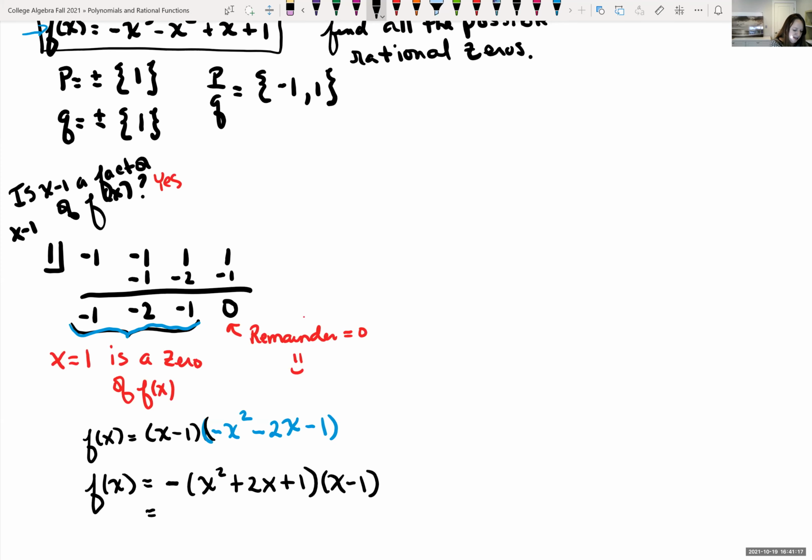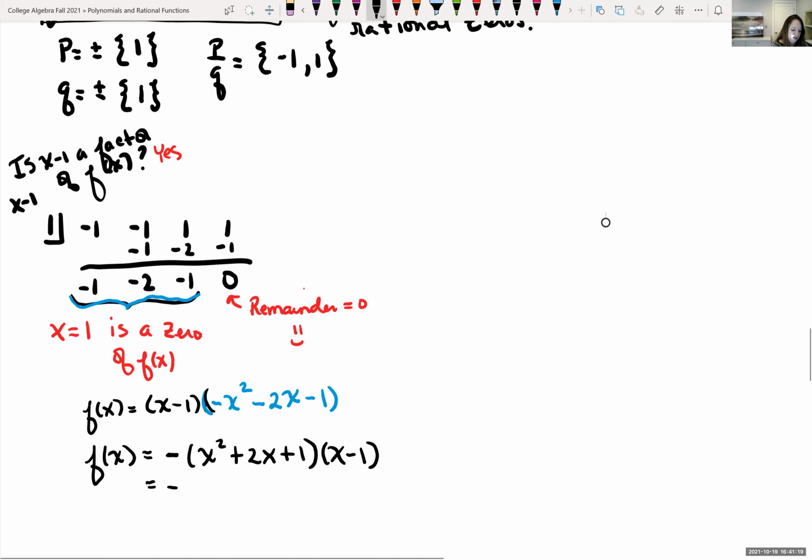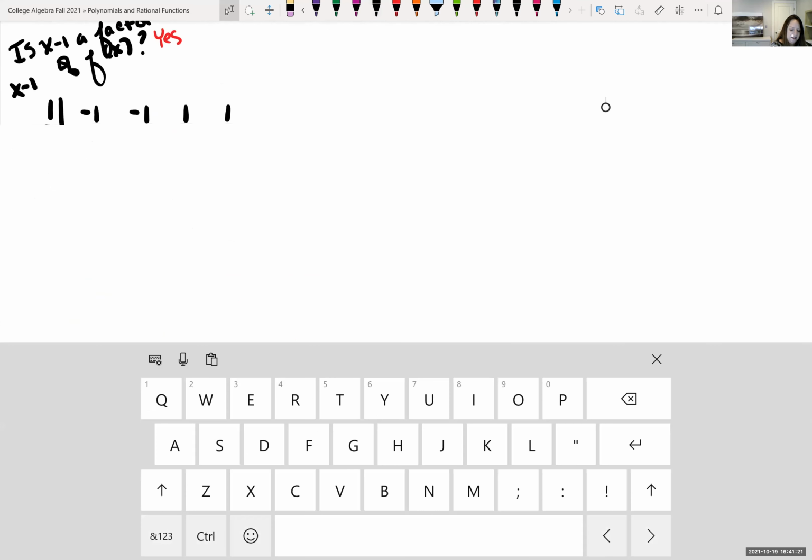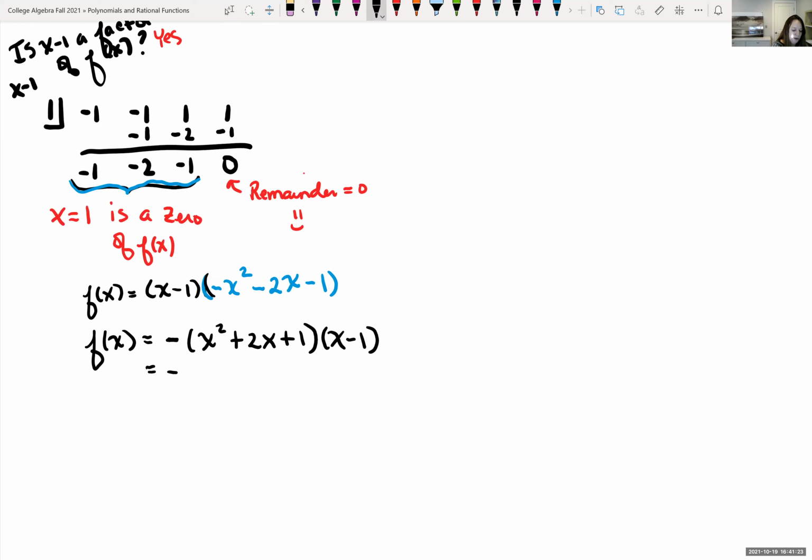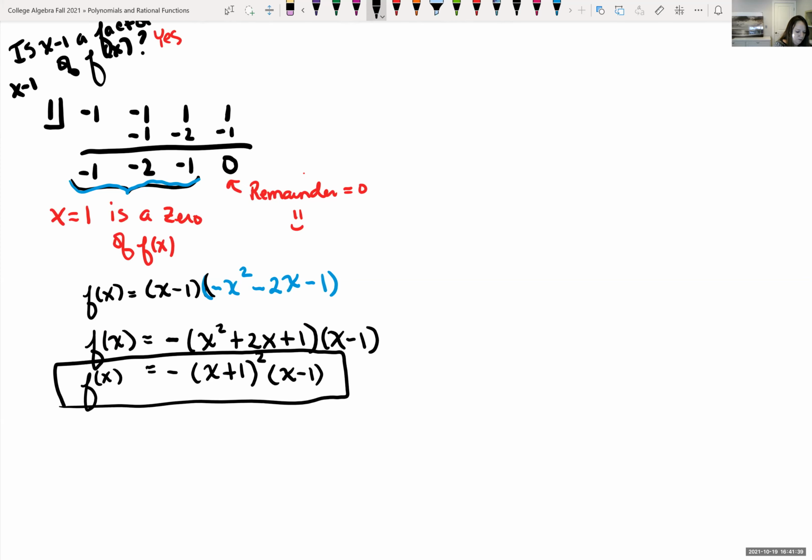So I notice that is factorable. The two values that multiply to 1 and add to 2 are x plus 1. So I can write that as quantity squared, x plus 1 times x plus 1, all times x minus 1. So we were able to factor this.